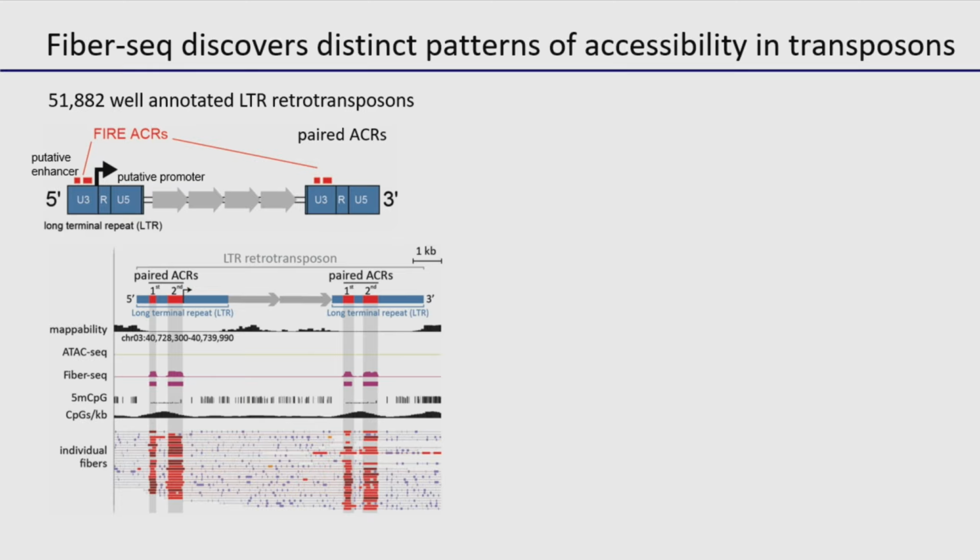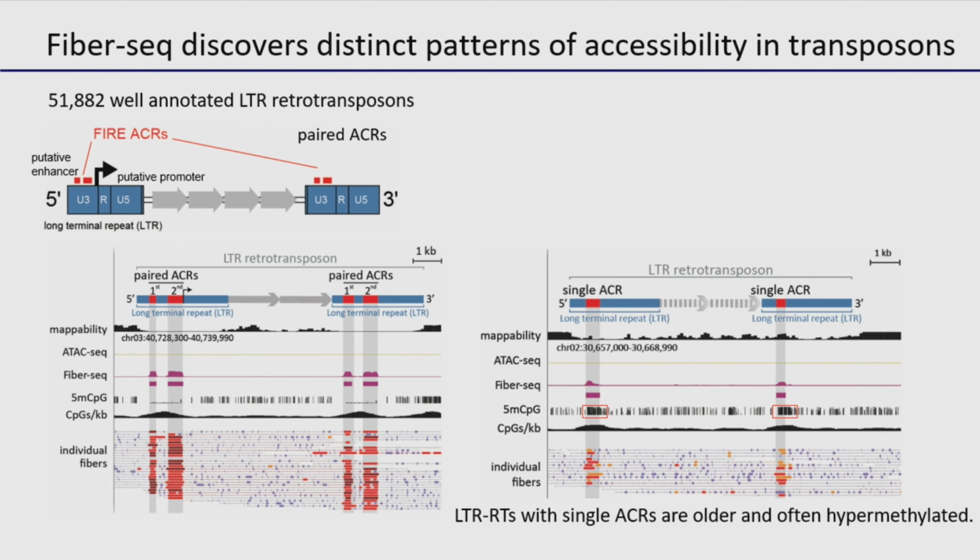Now, these accessible chromatin regions in LTR retrotransposons come in different flavors. And this one here that I'm showing you is much more common. There's about 1,000 elements like this that show now a single ACR in each of their LTR arms. And as you can see here, they're not quite as pretty anymore.